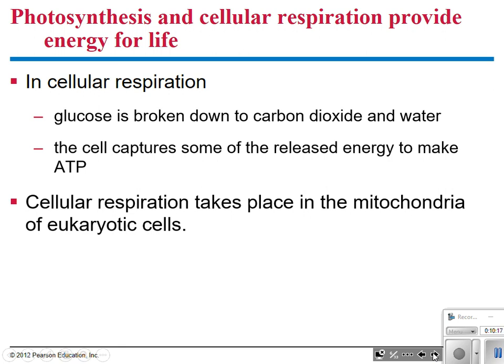Some people call the mitochondria the powerhouse of the cell. Why do they call it that? Because we get all of our energy from ATP. And where's that ATP made? In the mitochondria. At least most of it is made in the mitochondria.